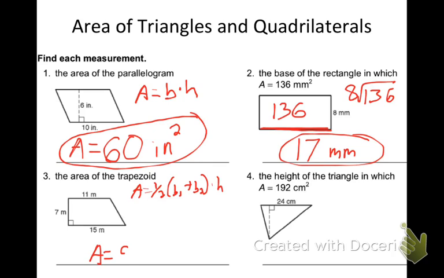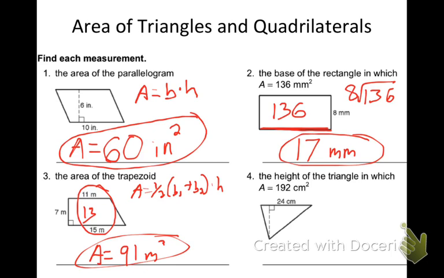I get the area is 91 meters squared. Now here's the key. It's the average of the bases. So take 11 plus 15 and you get 26. Then take 20 and then do what with that 26? Half. So really I get 13 times 7 then. Or if I wanted to, you could also take half of the height if that's easier for you to compute. You just have to take the half in there at some point.